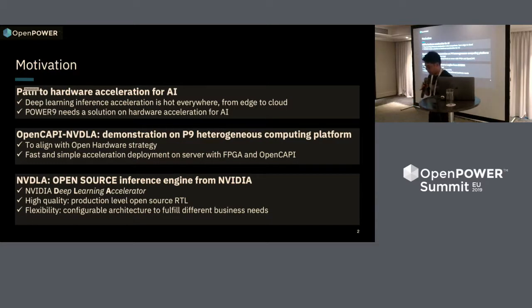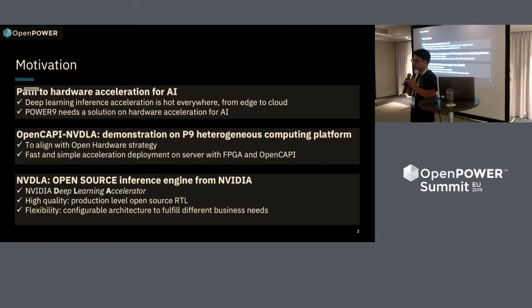And then, why did we choose NVDLA? The full name of NVDLA is NVIDIA Deep Learning Accelerator. It is the open source project NVIDIA opened to the community last September. They open sourced the accelerator with exactly the same RTL code they used for their product in the Xavier SoC Tegra system.